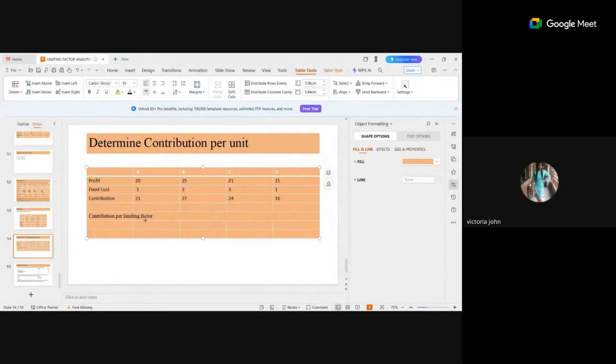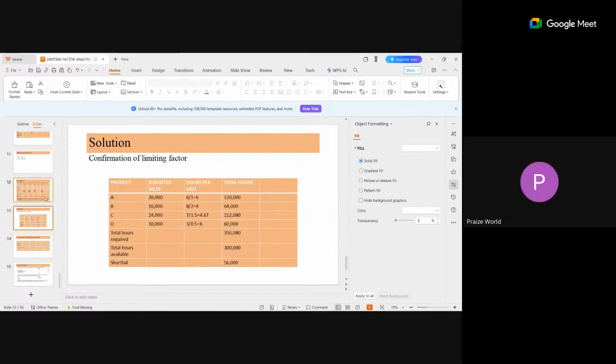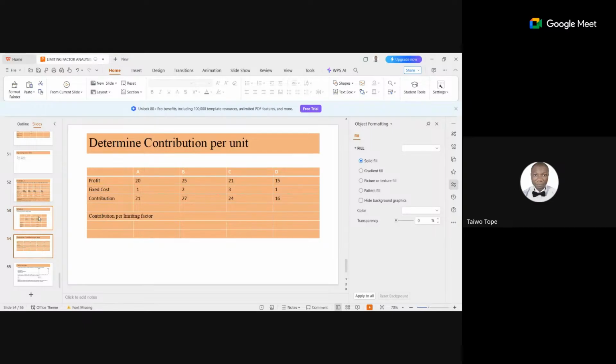Now, for product A, the contribution per limiting factor will be what? 3.5.